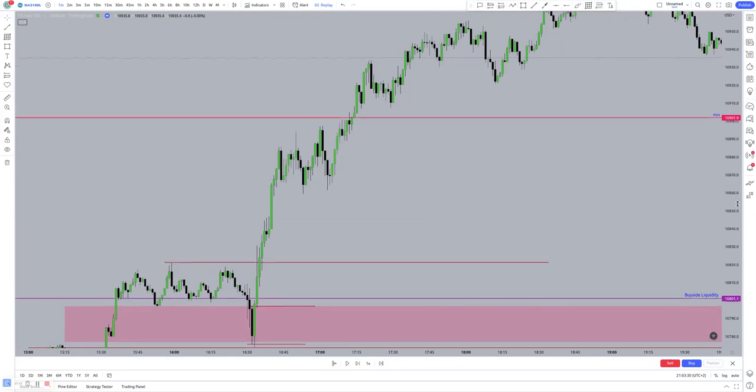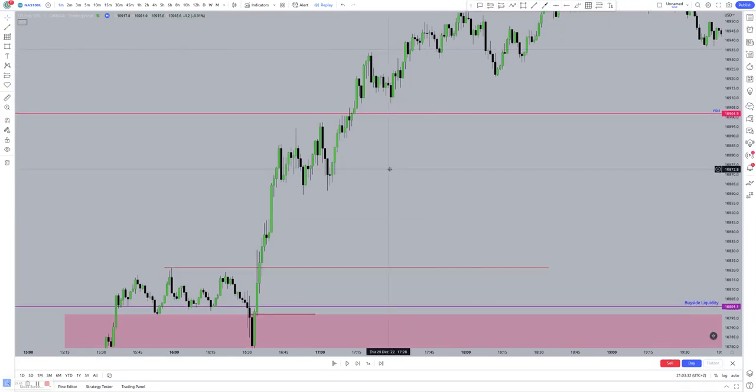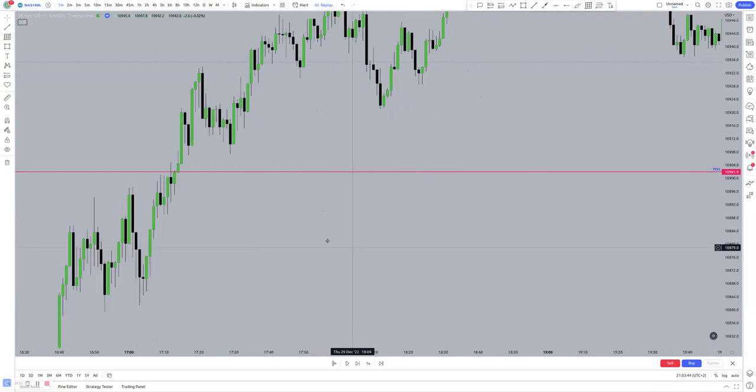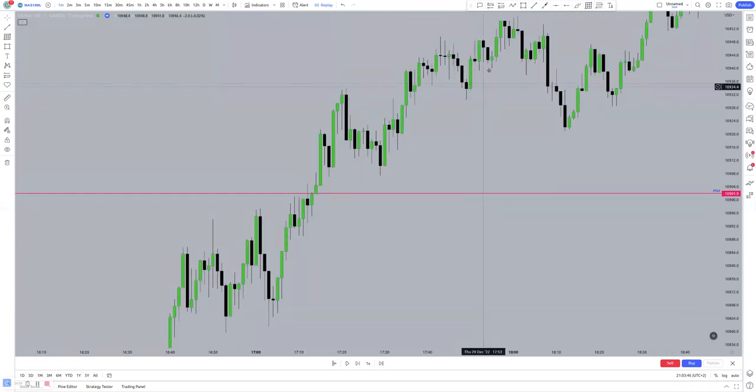Yeah, for example, we have a fair value gap here, but price doesn't come into it. It's okay. We have a fair value gap here, like that.